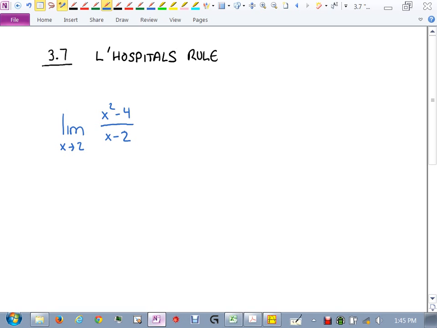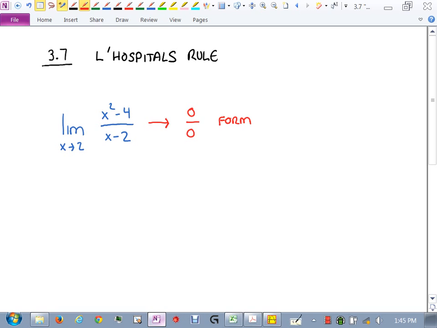The first thing you were supposed to do is just a direct evaluation. You just try and plug 2 in and see what happens. So let's plug 2 in, and what do you get? On top we get 0. On the bottom we get 0. This is what we call the form of the limit. Do you remember me saying that was our form? Yes? The form of this limit is 0 over 0. If you ever have a limit that has the form 0 over 0, you can always apply L'Hopital's rule. Okay? Always.